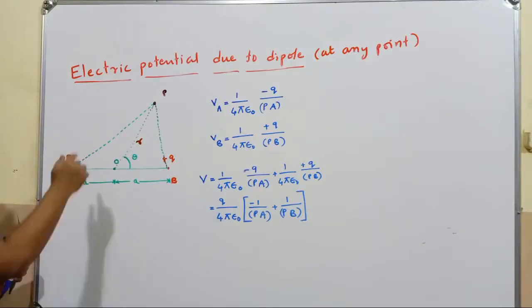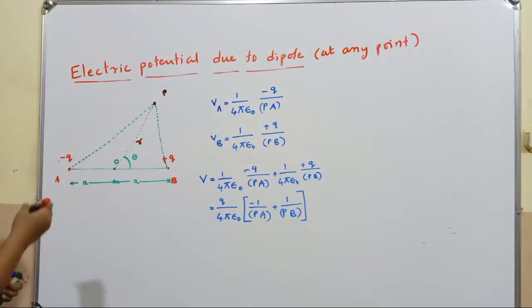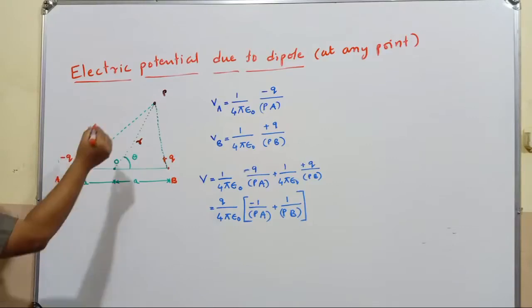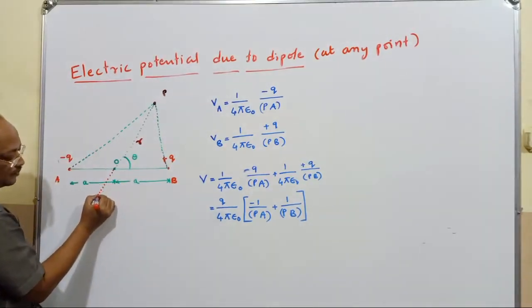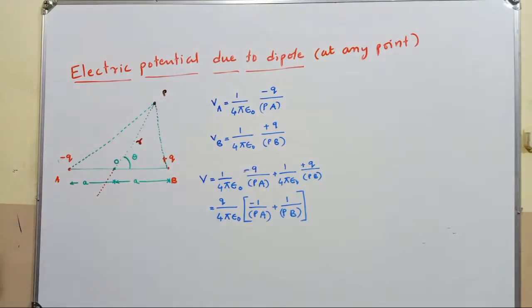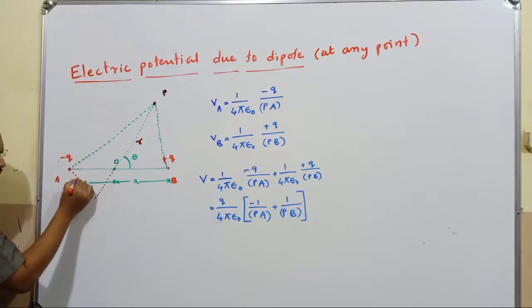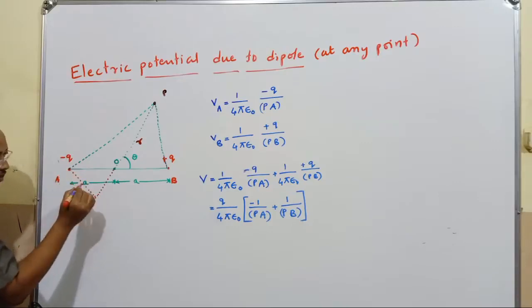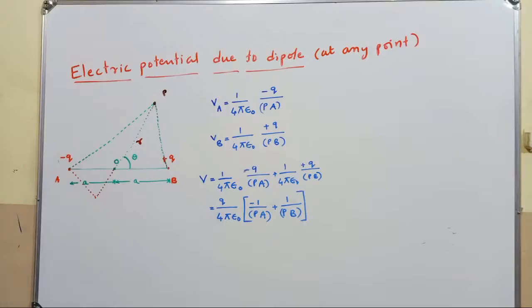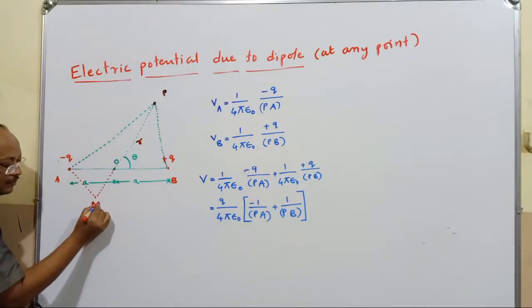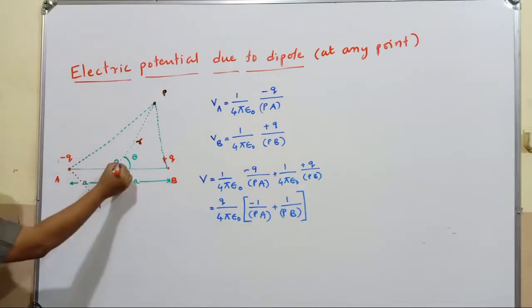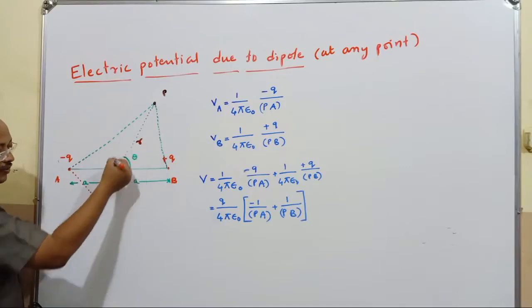So we will do some construction here. We extend this PO and draw a perpendicular at this point, AM perpendicular to this PO.